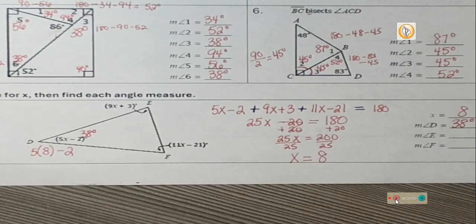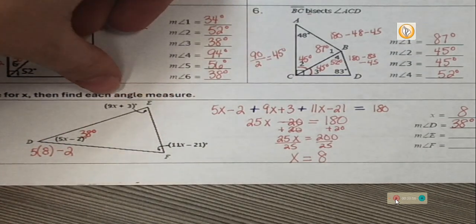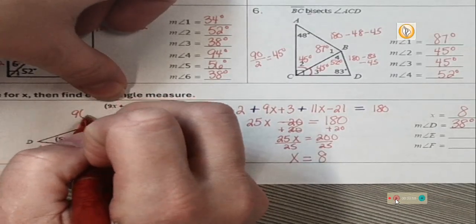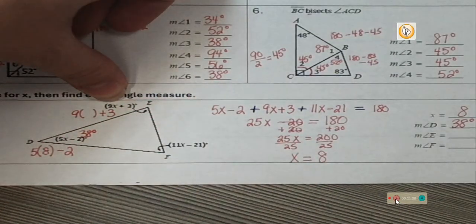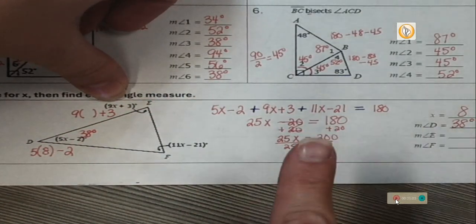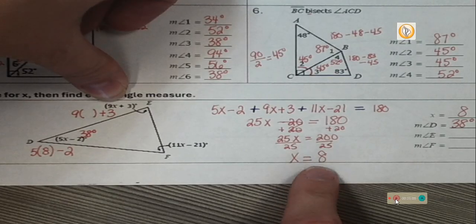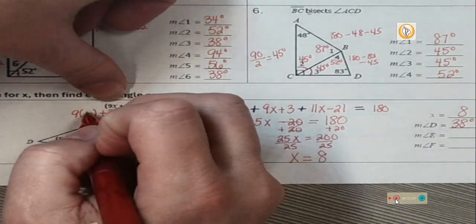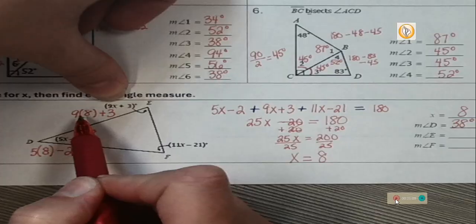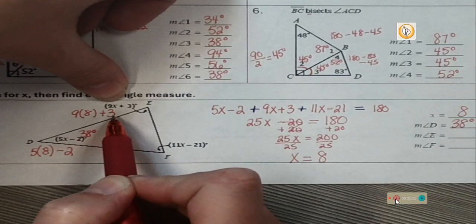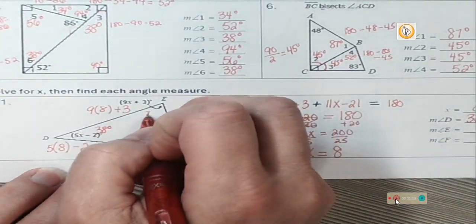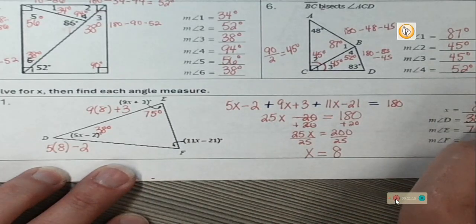All right. If I asked you to find angle E, here's angle E. Angle E is 9 times x plus 3. And you used to not know x, but now you do. What is x equal to? Nope, not 180. 8. All right, and so then you type in your calculator 9 times 8 plus 3, and that gives us 75, my friend says.